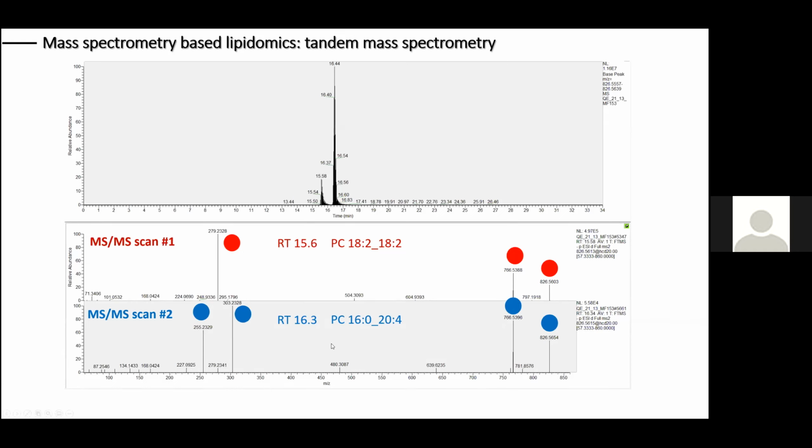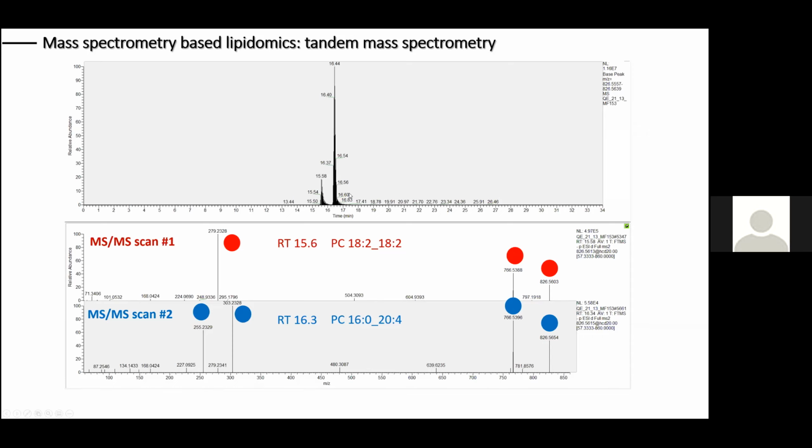But the fragments which are the same tell us that both of those are phosphatidylcholine, while the different ones tell us that these 2 phosphatidylcholine lipids actually have different fatty acyl compositions. The upper one has 2 linoleic acids and the lower one has, for instance, palmitic and arachidonic acid.